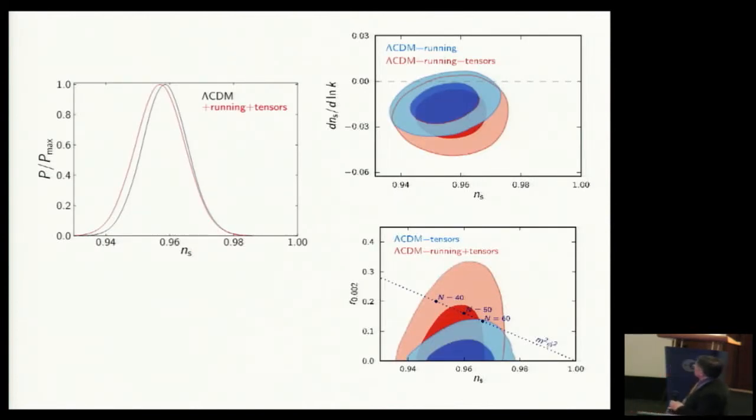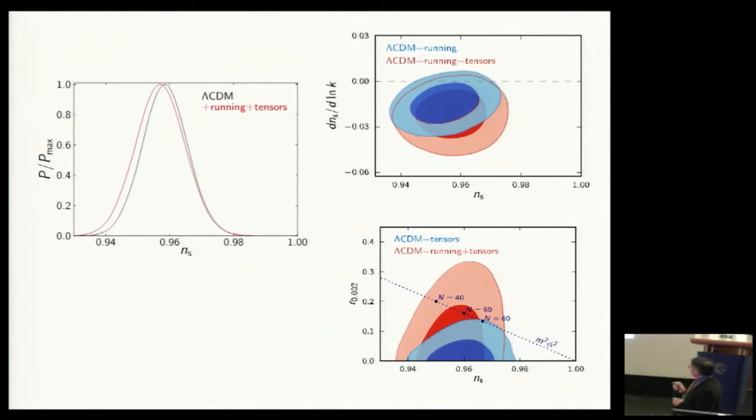So here are some results relevant to inflation. I'm not going to say a lot about this because Francois is going to talk about it in more detail in the next talk. For the base cosmology, we get a 6 sigma deviation of the scalar spectral index from a precisely scale invariant value of unity.